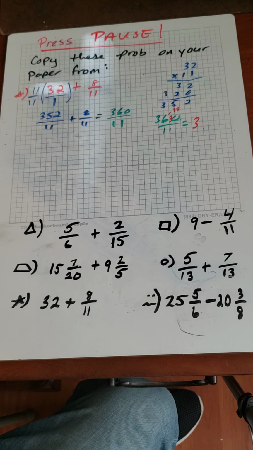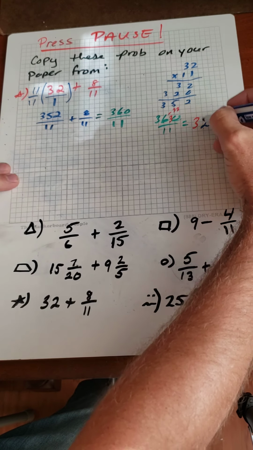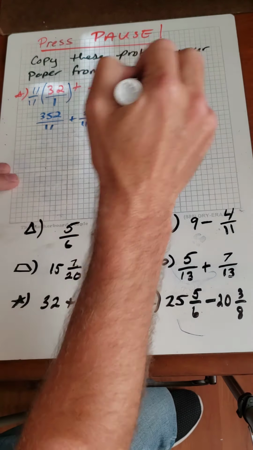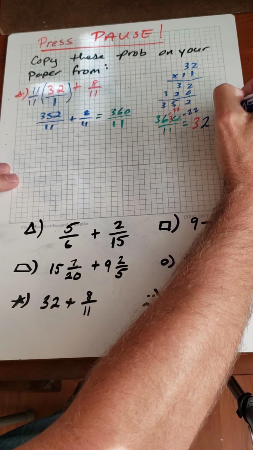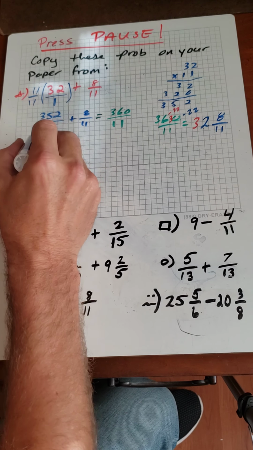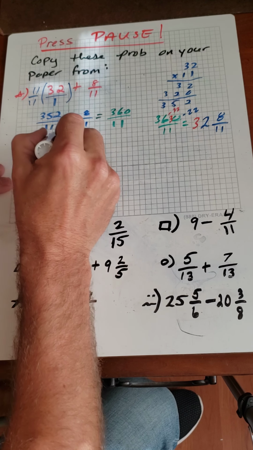So now I know that 11 goes into 30 2 times, and 2 times 11 is 22, and 30 minus 22 gives me 8, and then my denominator is still 11. So my answer is going to be 32 and 8 11ths.